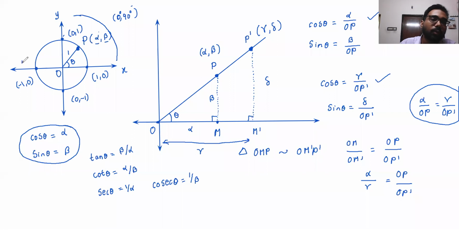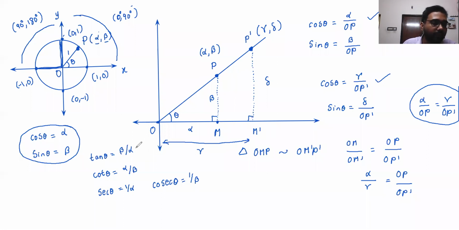When you come to the second quadrant, that is from open 90 to open 180 degrees, alpha is going to be negative, whereas beta is going to be positive, since the y coordinate is positive in the second quadrant. So cos theta is negative and sin theta is positive.